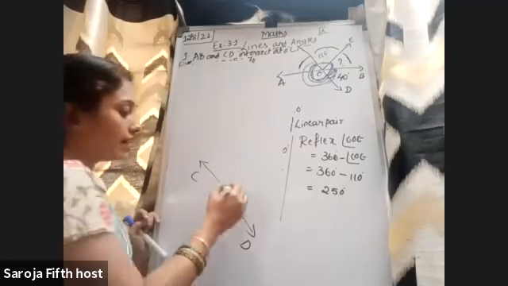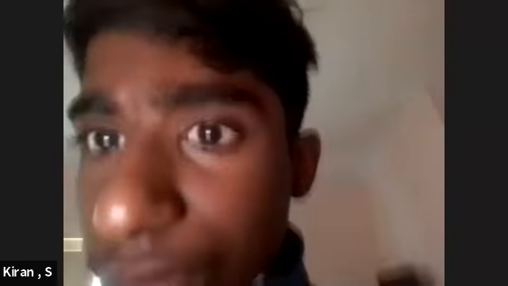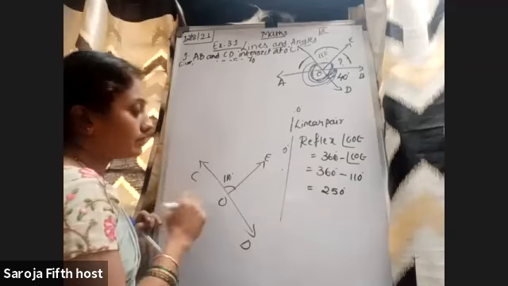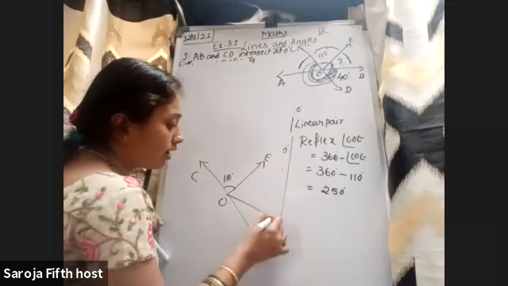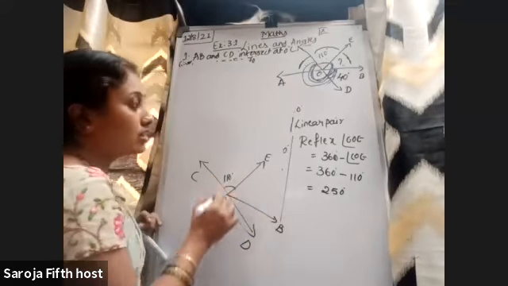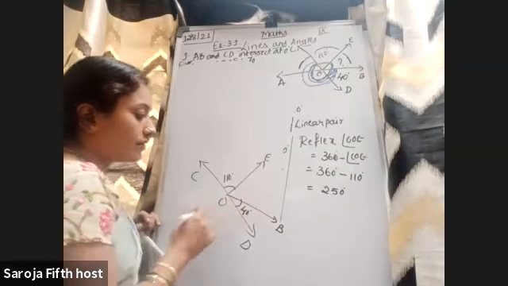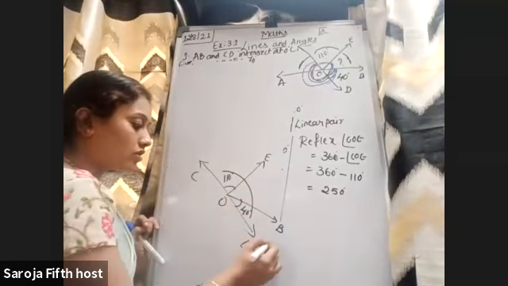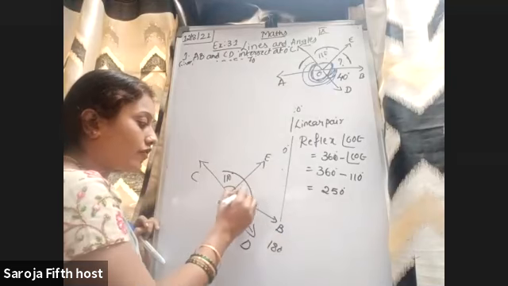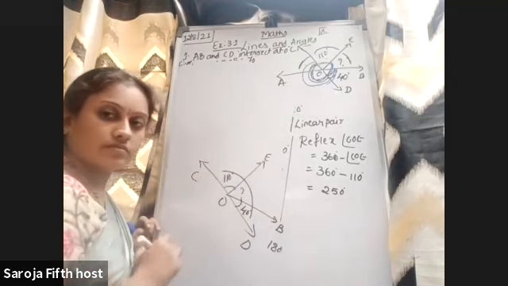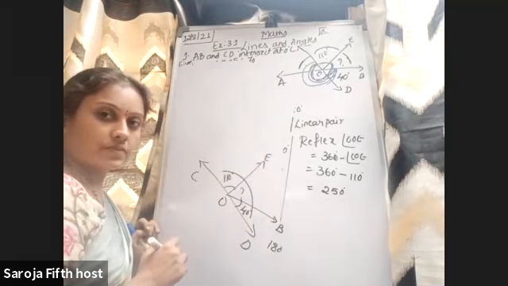Here OE is a ray. Here this one we got 110 degrees. And here one more ray is there, OB. This angle we know, 40 degrees. The sum of these angles equals 180 degrees, which means we can find out angle BOE. Yes or no?